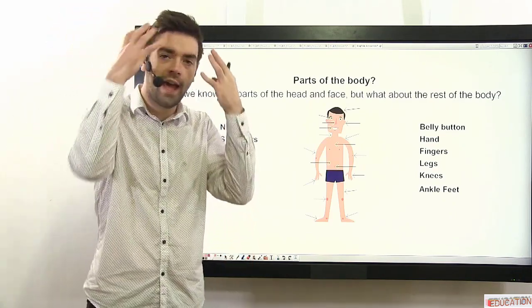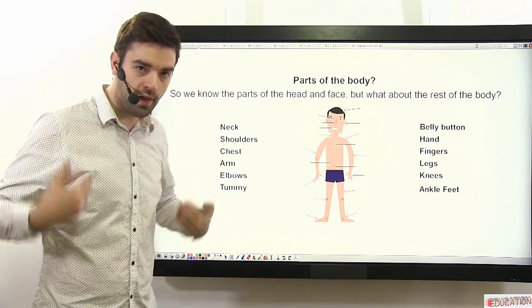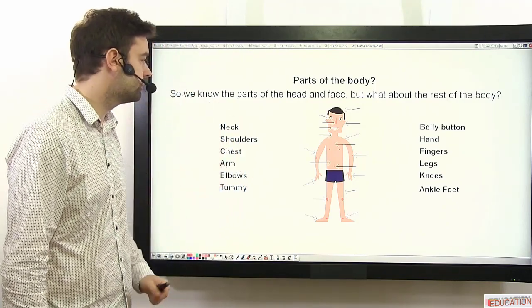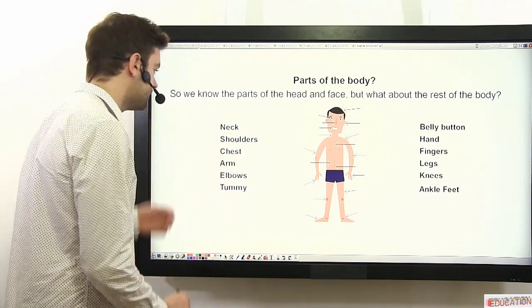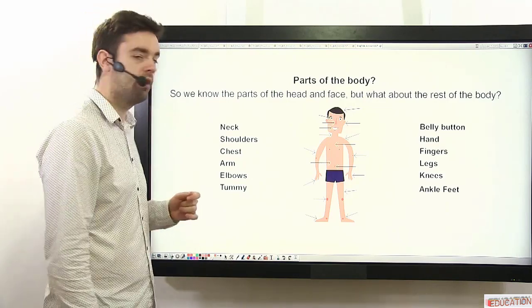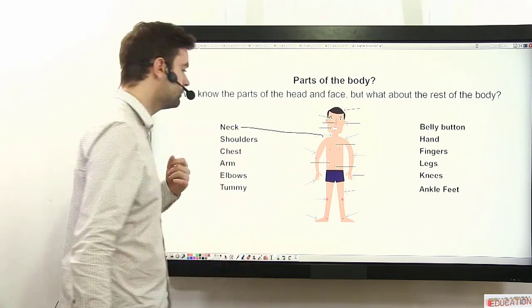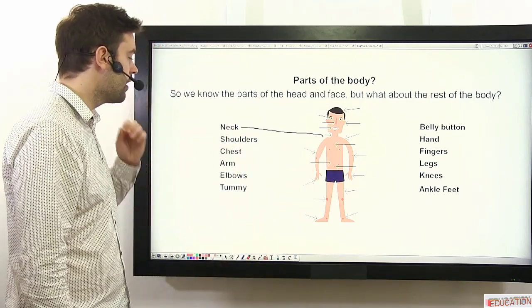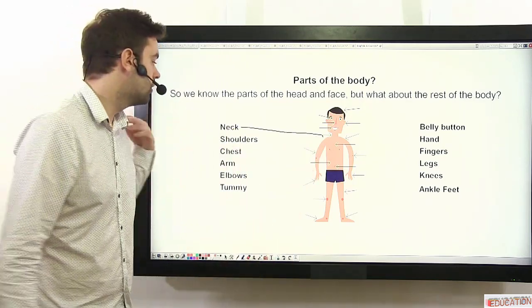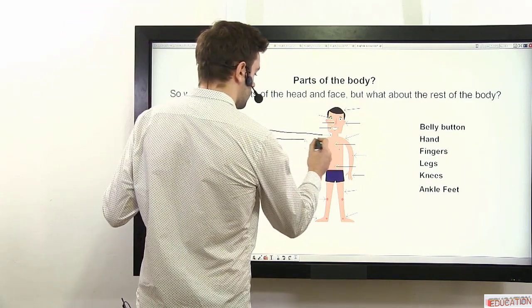So we know the parts of the head and face, but what about the rest of the body? Well, let's take a look. We have the neck. We have the shoulders.